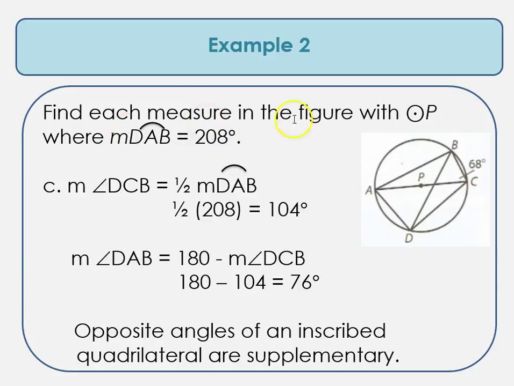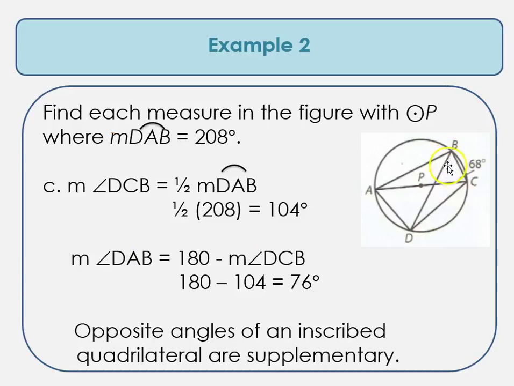Example 2. Find each measure in the figure, and we want to know the measure of angle DCB. Well, that's half of the measure of arc DAB, which we know is 208, so its measure is 104 degrees.